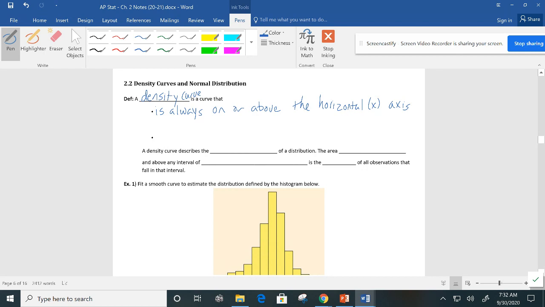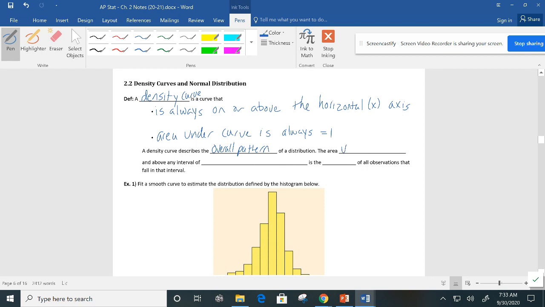In addition, the area under a density curve is always equal to 1. The density curve describes the overall pattern of the distribution.